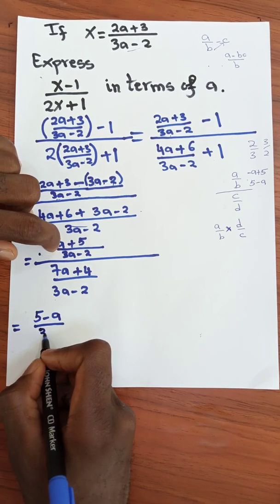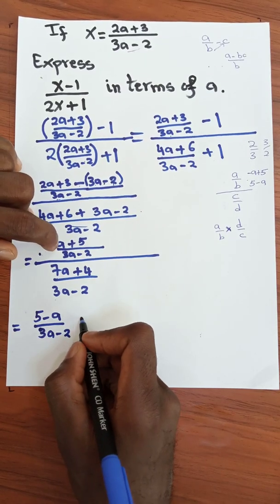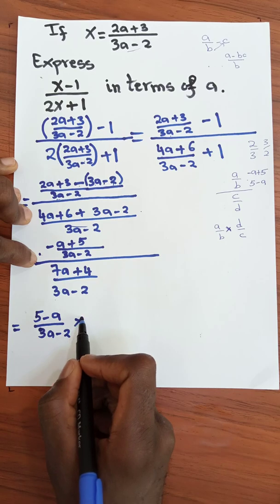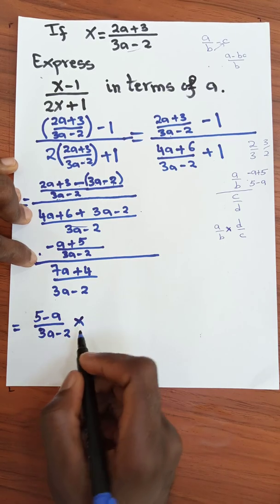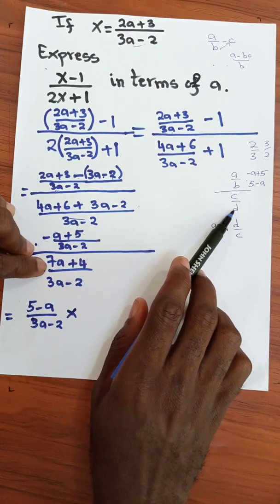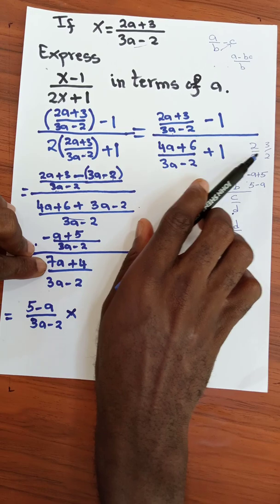the denominator here is 3a minus 2, times, we said this division sign here will now become multiplication, times the reciprocal of c on d, which is d on c. The reciprocal of 2 on 3 is 3 on 2.